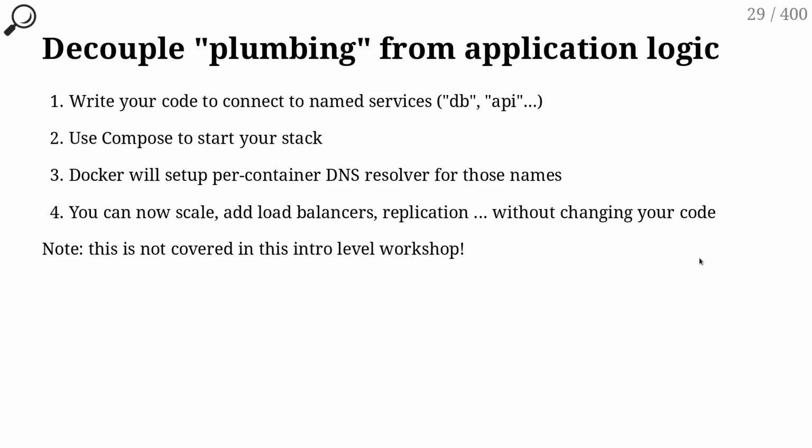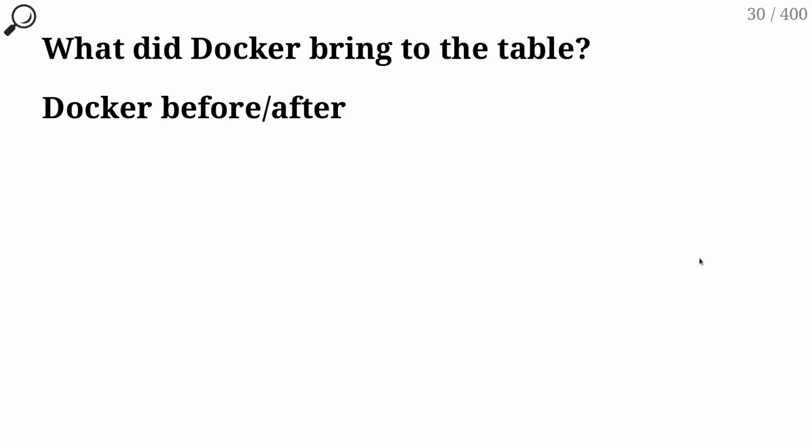I can have a web front end that talks to a database, and if I need to scale up that web front end by adding a load balancer, or if I need to replace that single server database by a replicated system or by something hosted elsewhere, etc. With containers, I can do that very easily without having to dive into my code and my configuration everywhere to update everything.